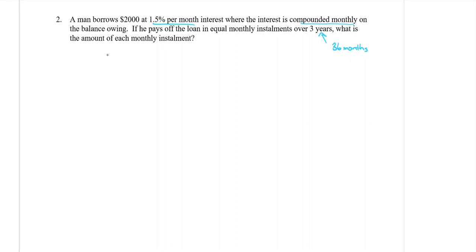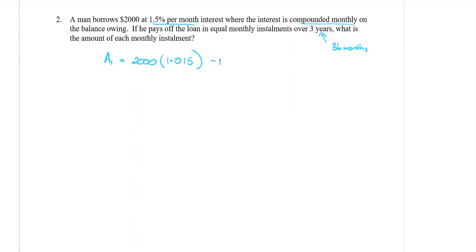So we're starting our process by finding A1. In the first month, there is $2,000 that the man has borrowed. He will get charged interest at 1.015. Turning it into a decimal, is that okay?